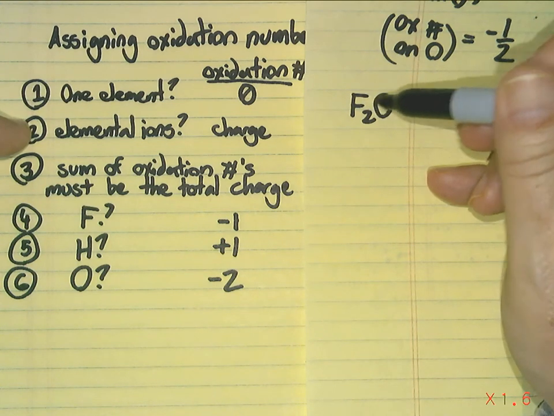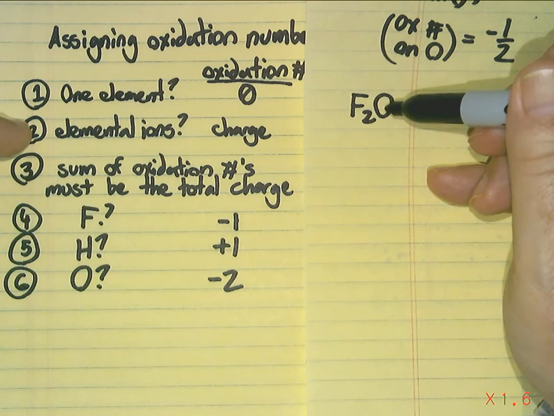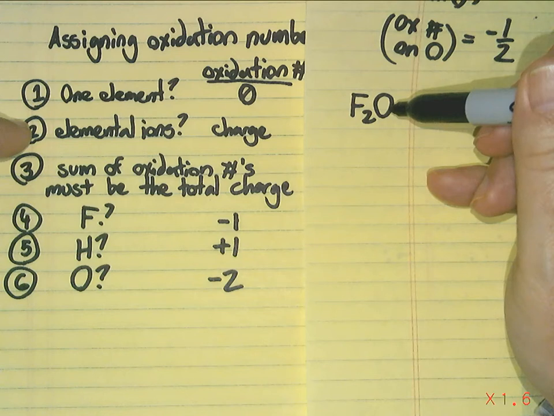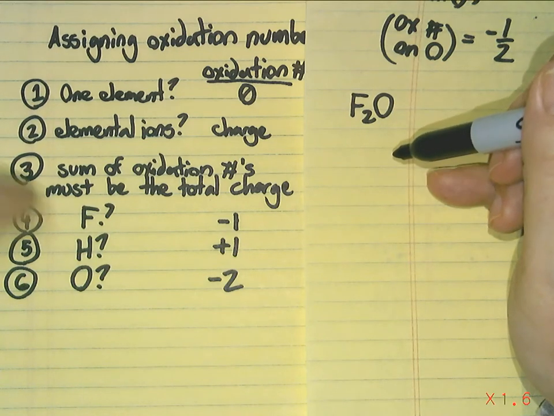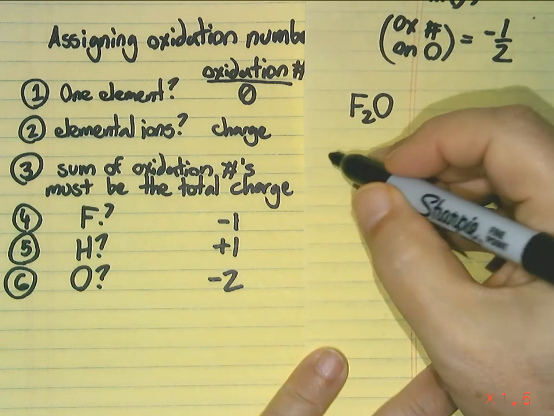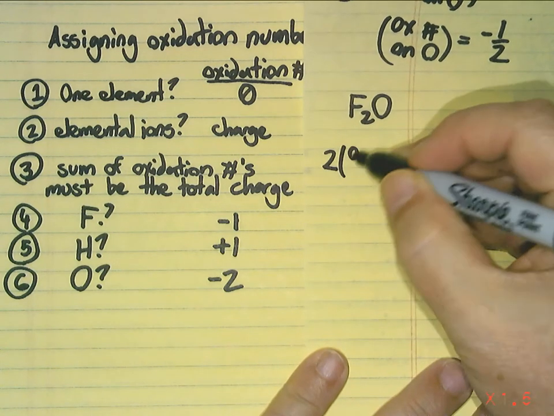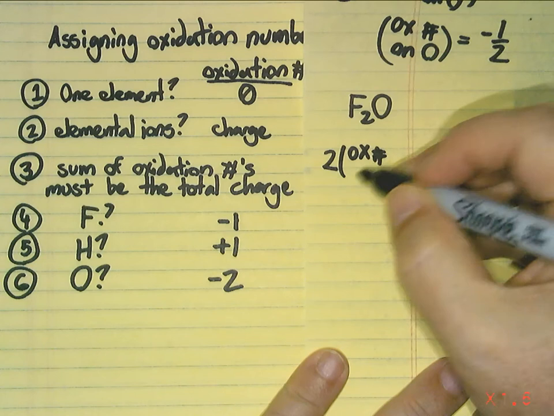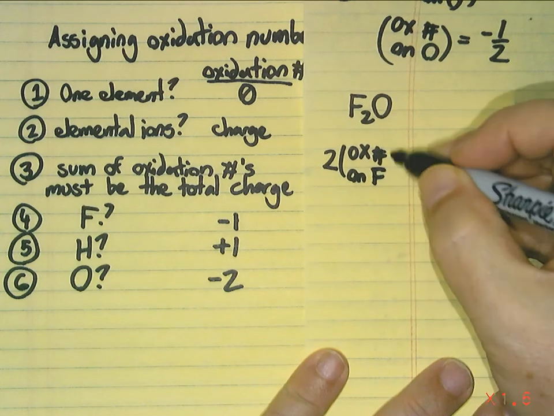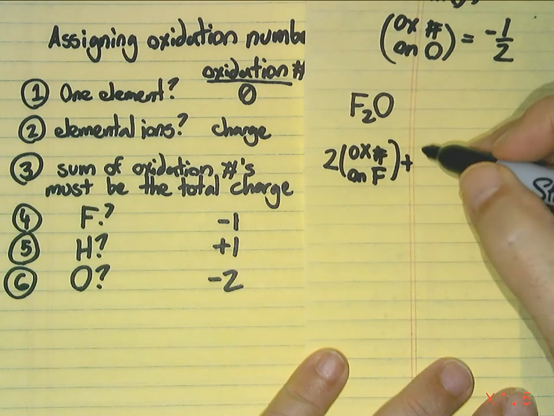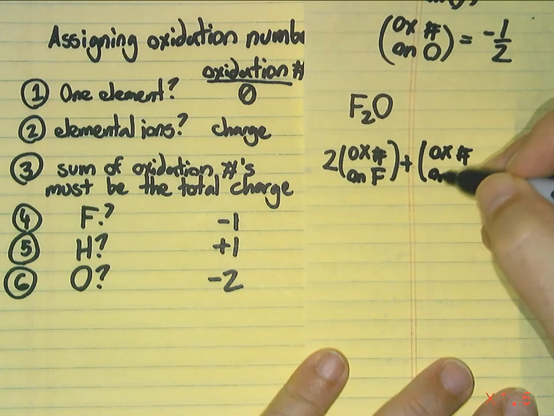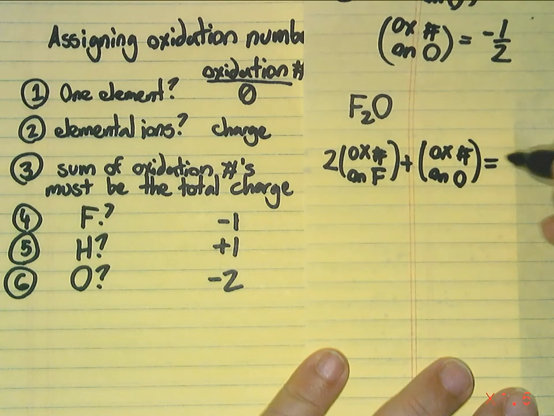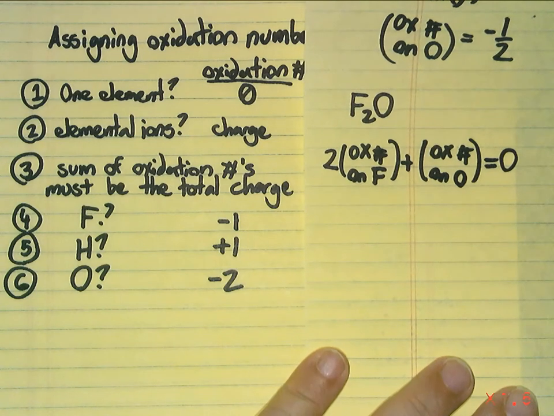No, because this is a covalent compound. It is not ionic. I know that because these are both nonmetals. So that rule doesn't apply. Rule 3 does apply. 2 times the oxidation number on the fluorine plus the oxidation number on the oxygen have to add up to 0 because that's the total charge on that thing.